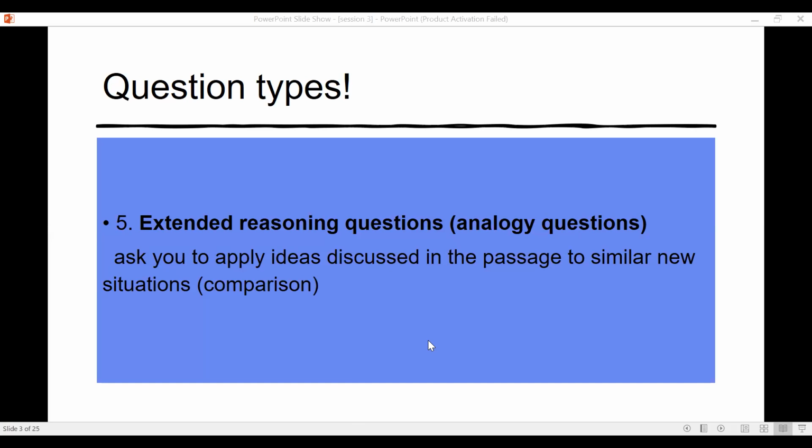Yes, vocab, evidence-based, excellent. Yes, the literal one. Literal means the direct question, specific. Okay, we talked about the specific questions. They are with line references, and some of them are with no line reference.